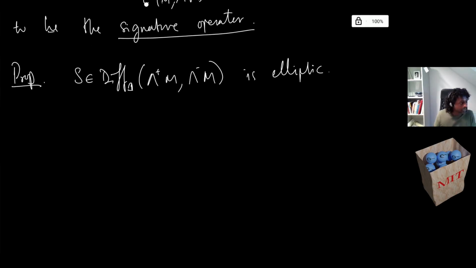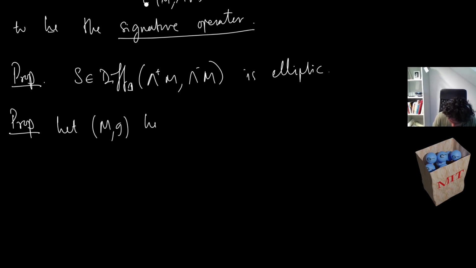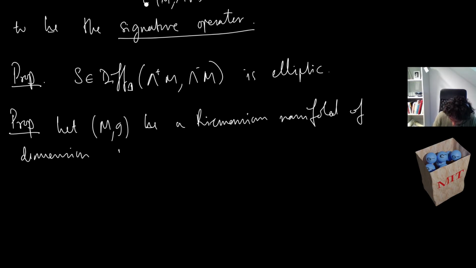Okay. Now we have the crucial proposition that's going to allow us to think about what we want to talk about next. So now we let the dimension actually be divisible by 4. Okay, so let (M, g) be a Riemannian manifold of dimension n equals 4k.